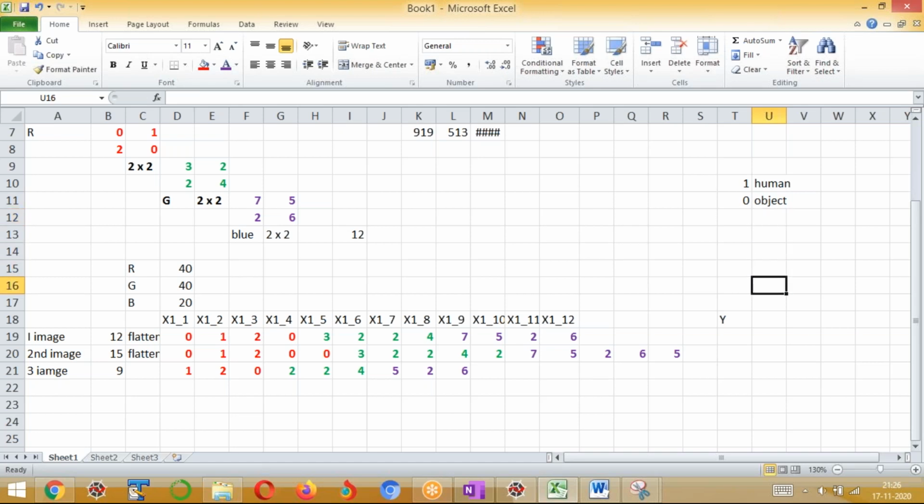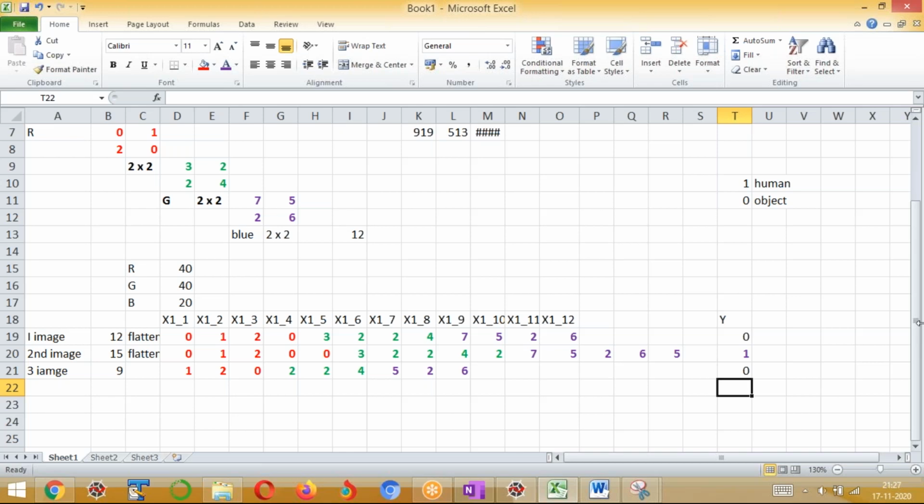So my first image is an object, that is 0. Second one is actually a human. Third one is again an object. Understanding what is happening? That means I am trying to take an example of whether it is a human being's image or not a human being's image.